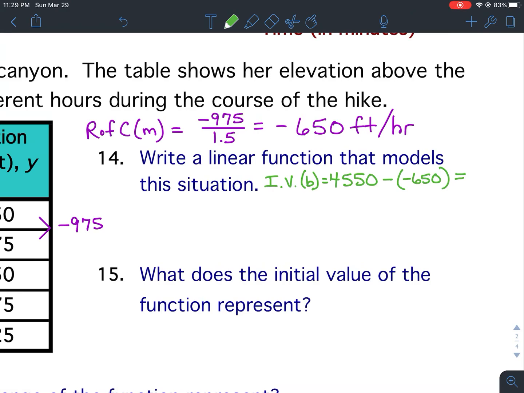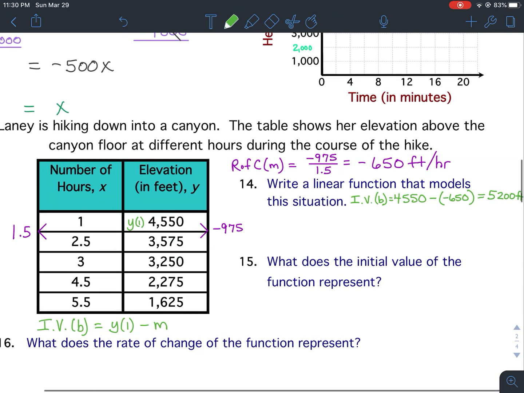Shouldn't the initial value, your starting point, be greater than the 4,550 because it's at the top of the canyon? If you add those two numbers together, you would get 5,200 feet. Okay, so let's go ahead and change this to white. Put 0 here, and we have 5,200 feet. So our initial value is 5,200 feet.